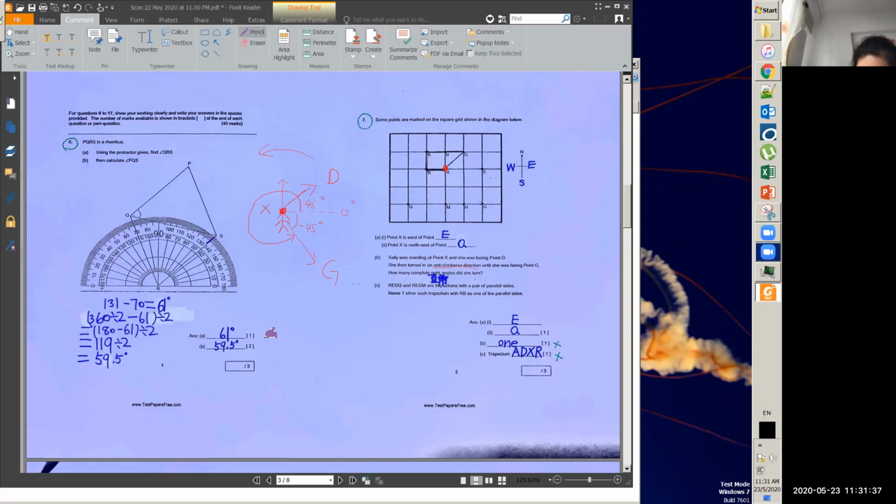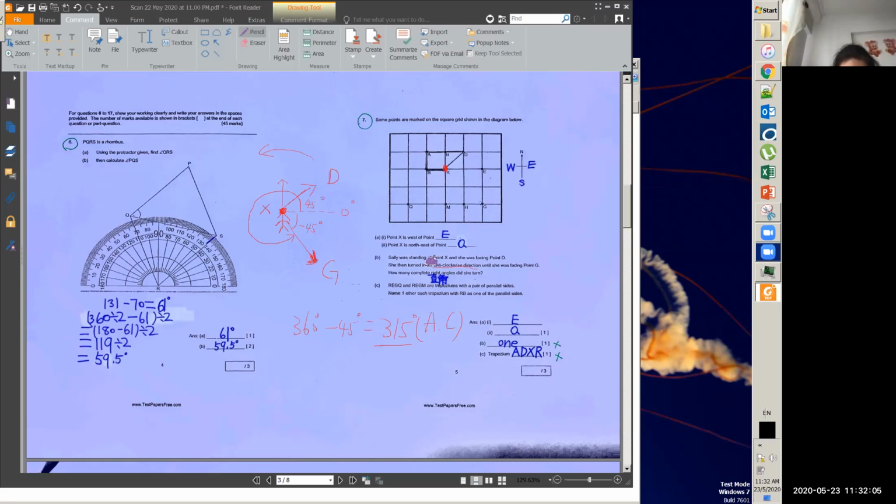That means Sally turned 360 degree minus 45 degree, so 315 anti-clockwise. Now Sally is facing G.